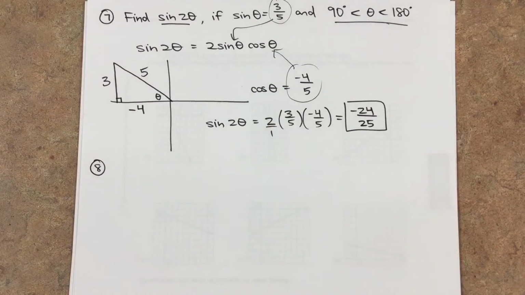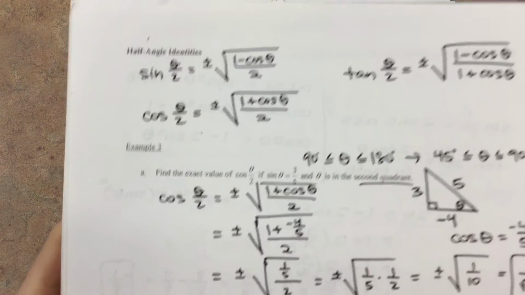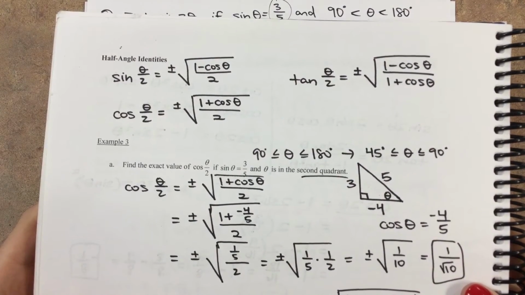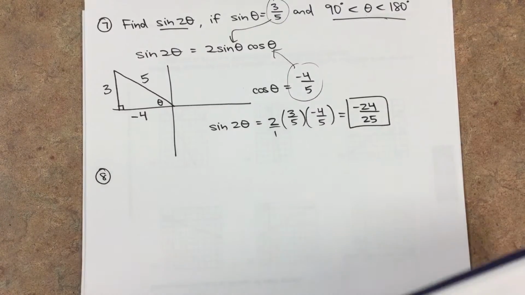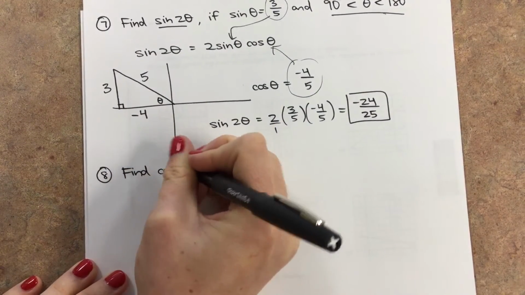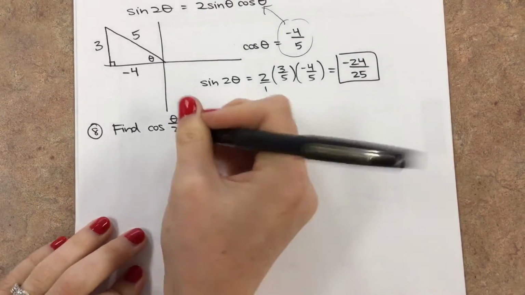Second question for 13.4, we're going to be dealing with our half angle formulas. So let me show you. Here they are on the top of that next page. So you've got 3 half angle identities. So let me show you what a sample problem would look like for that. I would tell you, something like find cosine of the half angle, or sine, or tangent. I could question you on any of them. And then I'll give you some info.